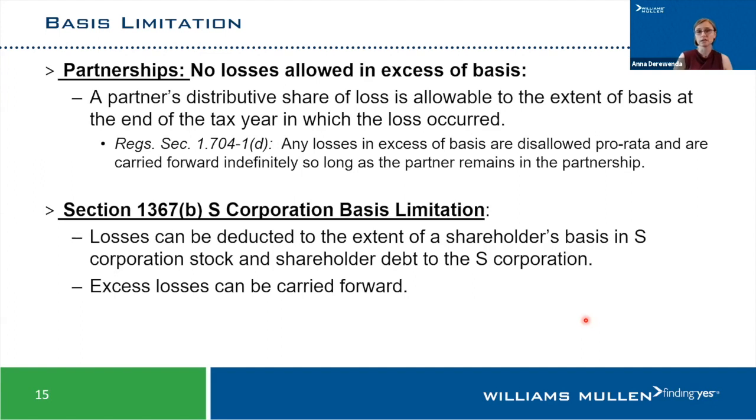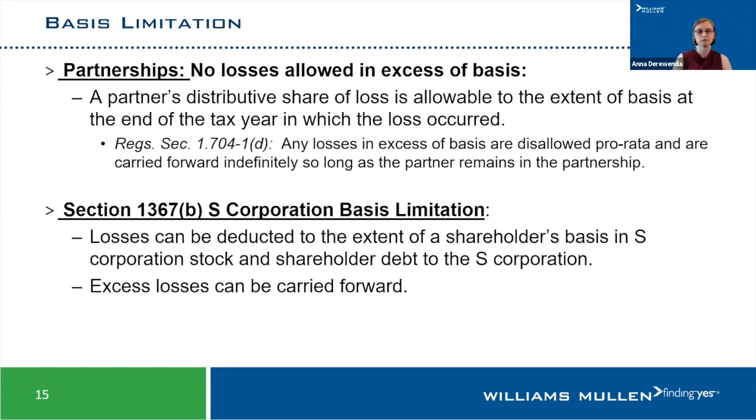They do not get a share of the S corporation's liabilities, but they do get debt basis. So they can take losses to the extent of both their stock basis and their shareholder debts to the S corporation, so loans that the shareholder has made to the S corporation. And for both, excess losses can be carried forward.